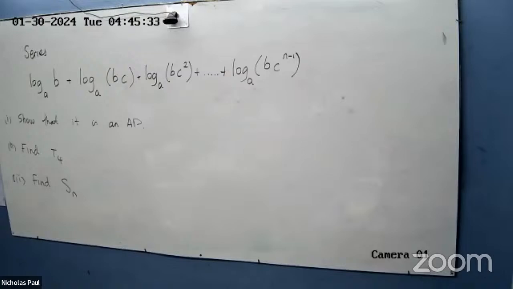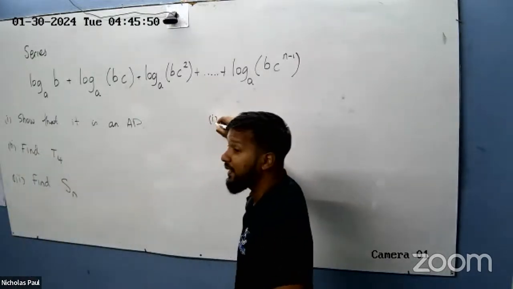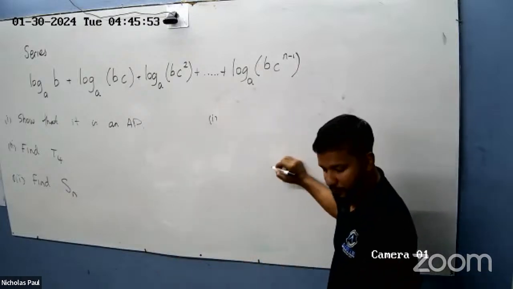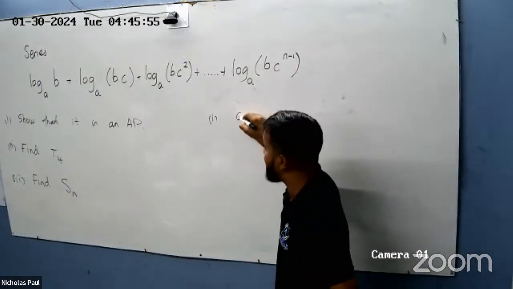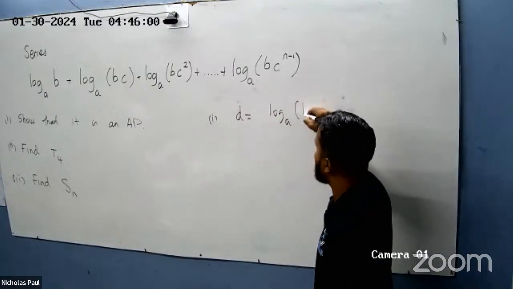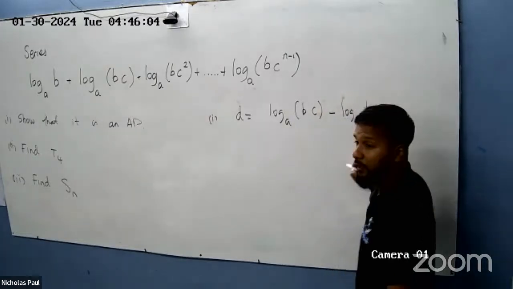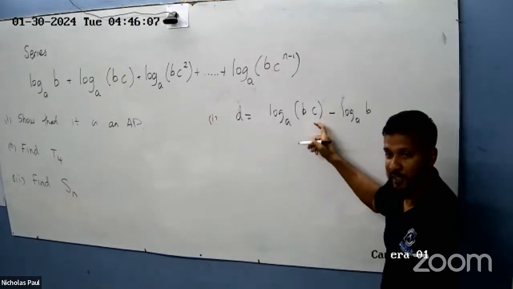Some of you all have it. Log to the base A of BC minus log to the base A of B. Some of you expanded it out already, but it's not subtracted.